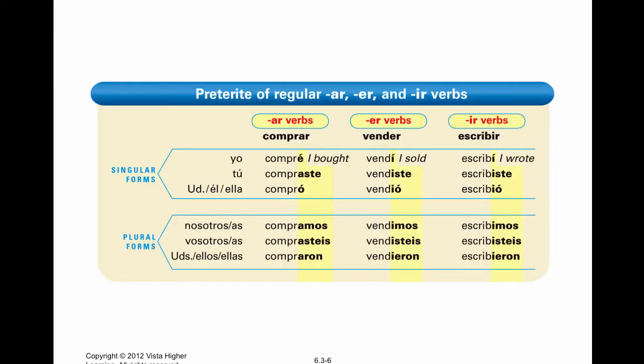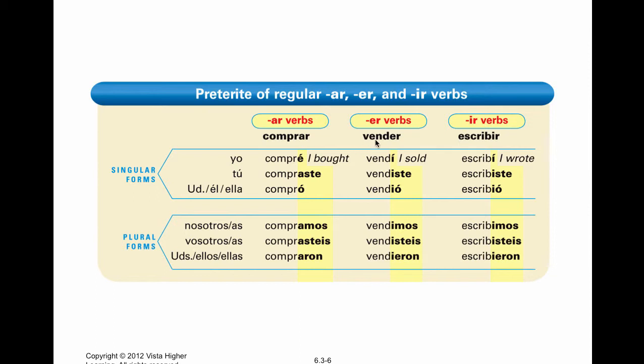So we see here, preterit tense of regular AR, ER, and IR verbs. So we said the regular AR verbs, we're going to have the é, aste, ó, amos, aron endings. So what we're going to do is we'll just keep the verb exactly the same with comprar, but we drop off the AR and we insert the following.